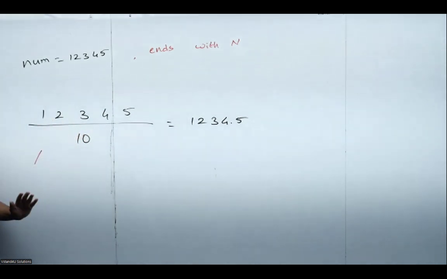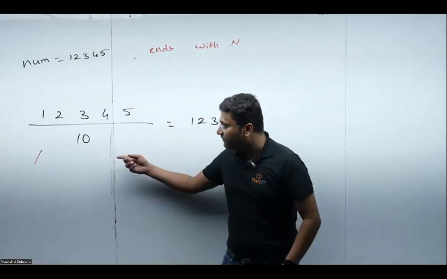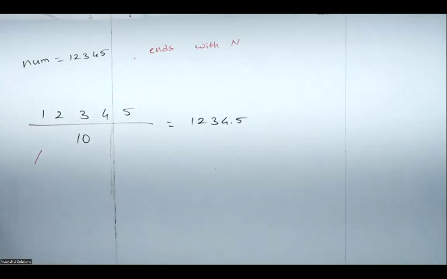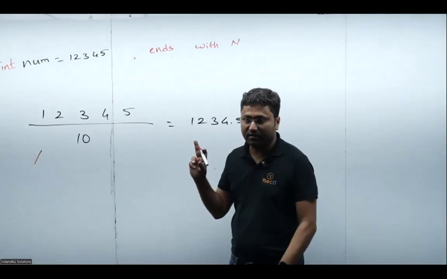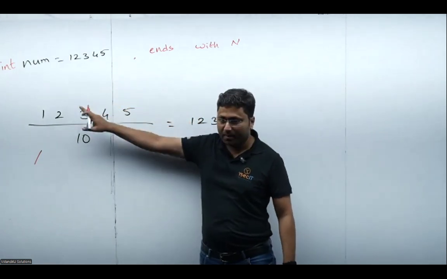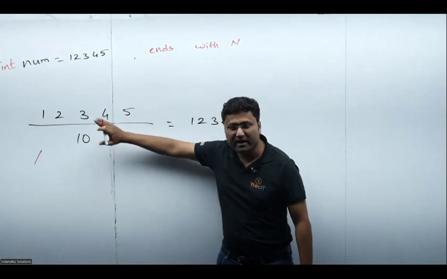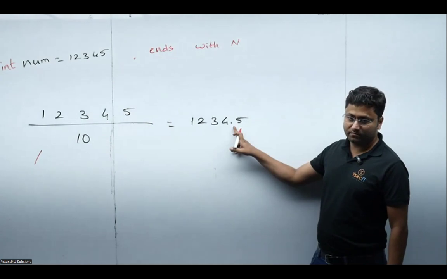Whenever you do division, what happens? In that case, if I'm storing this number as an integer value, listen very carefully, whatever number you take, divide with 10. Pay attention to the last digit.